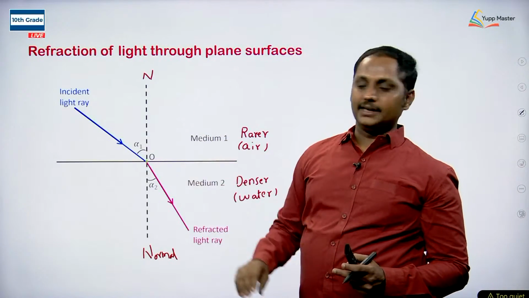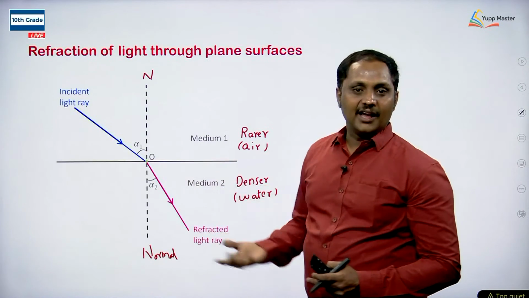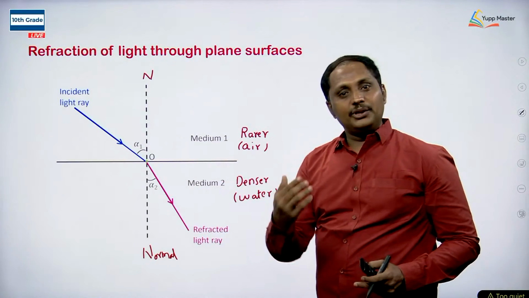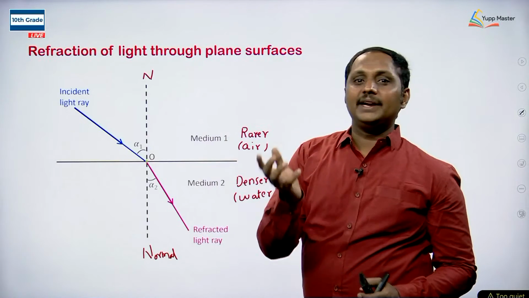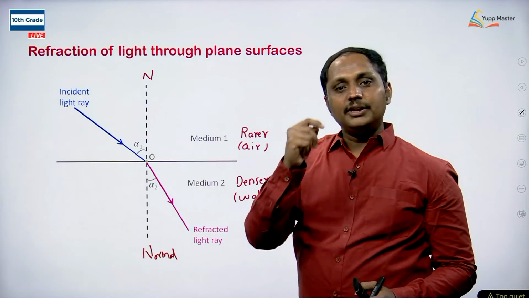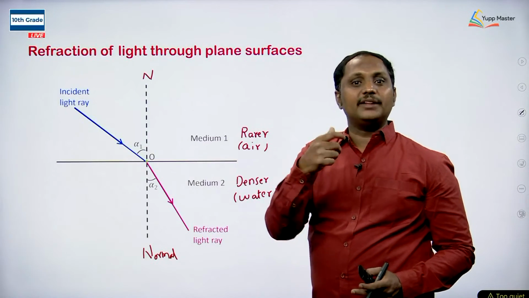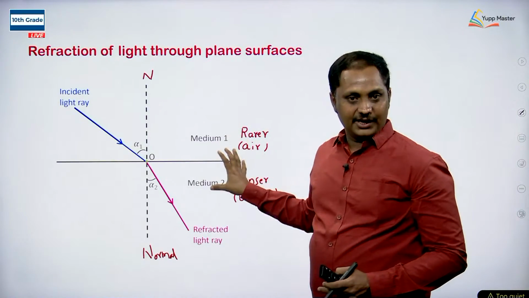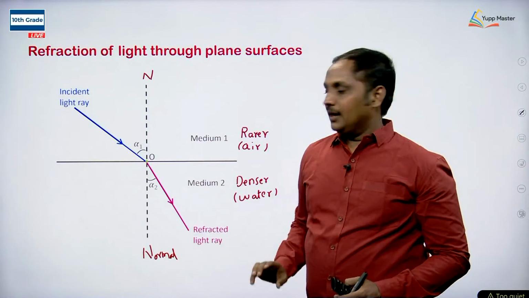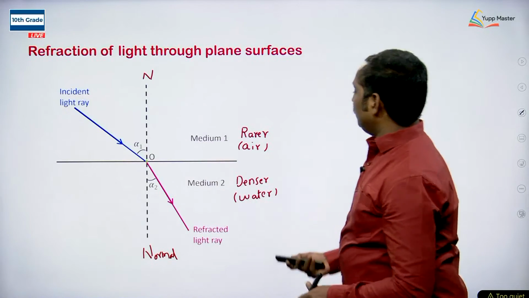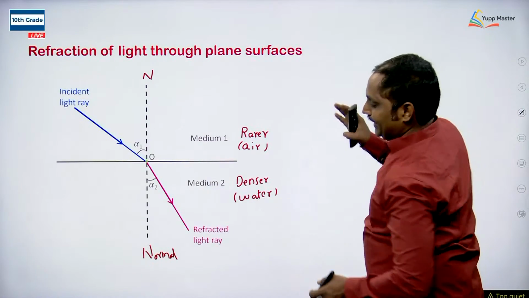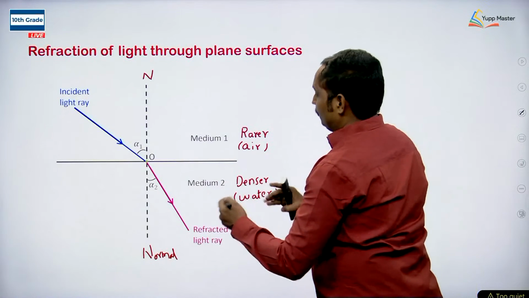Suppose you take water and glass: the speed of light is not the same. So the medium in which the speed of light is more is the rarer one compared to the other. This is the case of the bending of the light ray towards the normal.